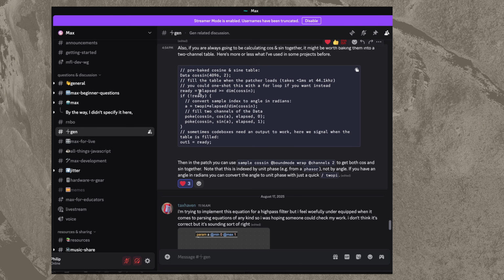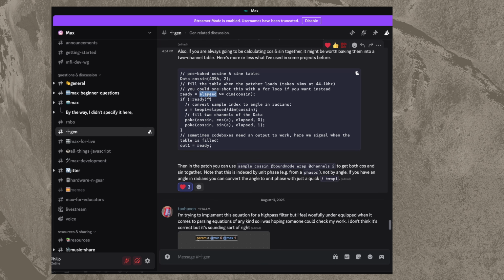This is a really useful way to know that when elapsed is equal to 0, that's the very first sample that this particular Gen patch has been executed. So it's a great way to be able to initialize things. So when elapsed is greater than or equal to the length of this buffer, we're saying ready.